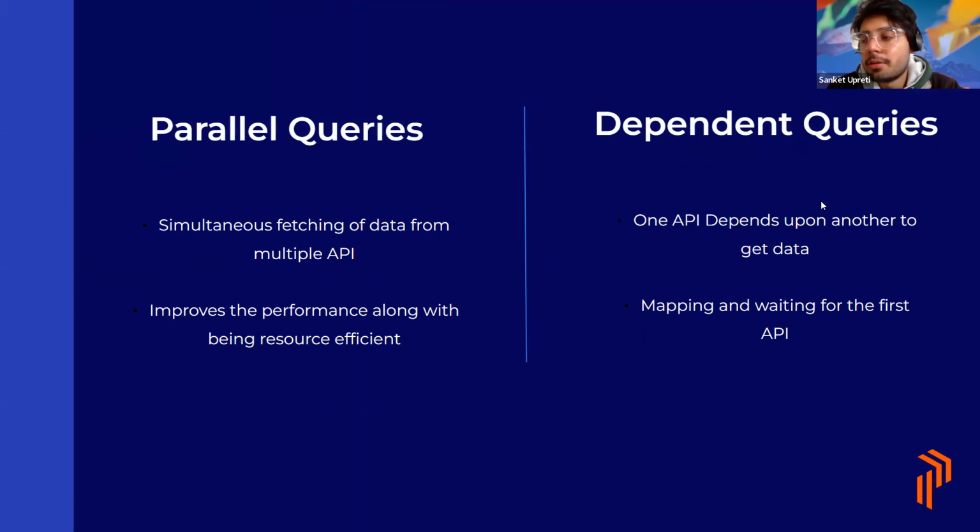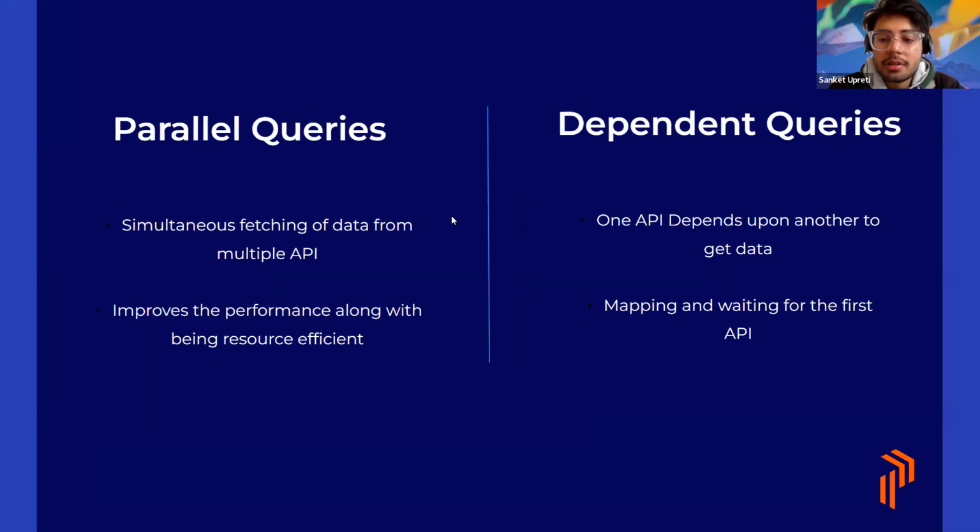Dependent queries: just imagine that you are calling one API which has a certain value which you want to append to another API and call a certain value or a particular data. It can be done as well through useQueries. Let me show you an example.